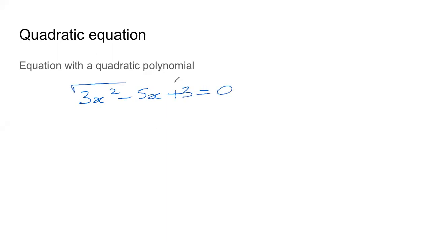And I said, this is a quadratic polynomial. And because this quadratic polynomial is being used in this equation, why are we saying that this is an equation? Because there is an equal to sign, there is a left hand side, and there is a right hand side. This is an equation, and the polynomial that we are dealing with is a quadratic polynomial. So our equation is a quadratic equation. Very, very, very simple, nothing more.